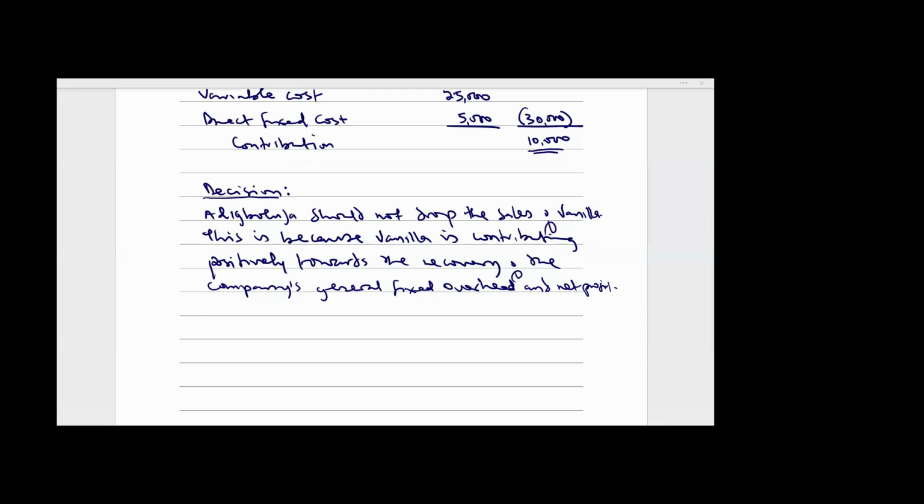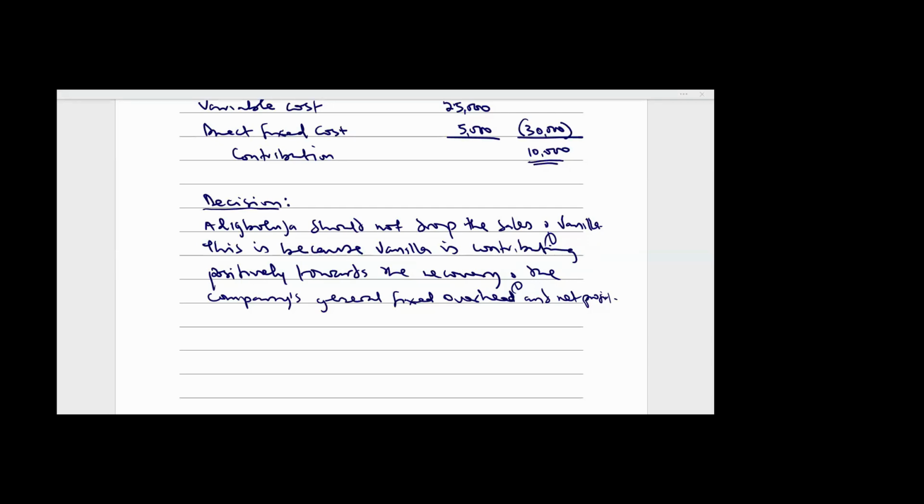Will your earlier decision in A above remain the same? Now, what the examiner wants you to do here is to prepare another contribution margin statement for banana. Then at the end of the day, you compare your total contribution of banana versus total contribution of vanilla. Whichever is higher, that's what your decision will be. Okay, so let's do that quickly.